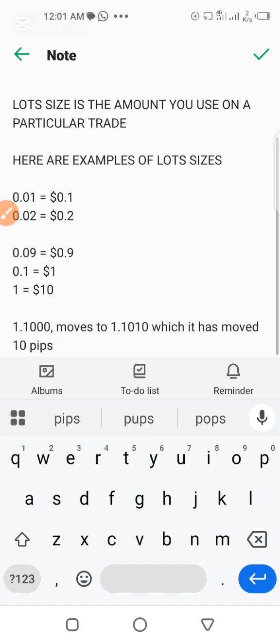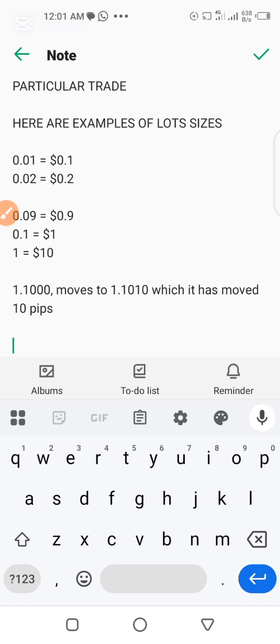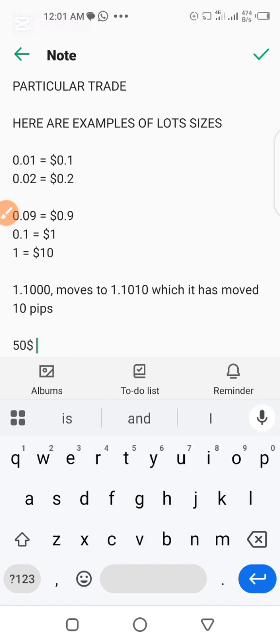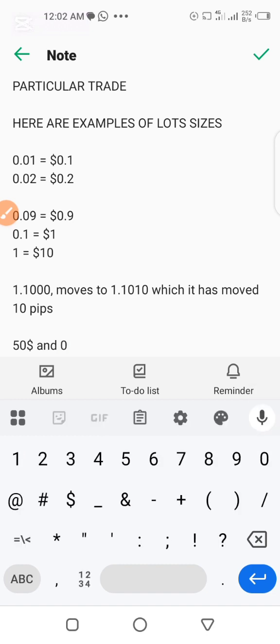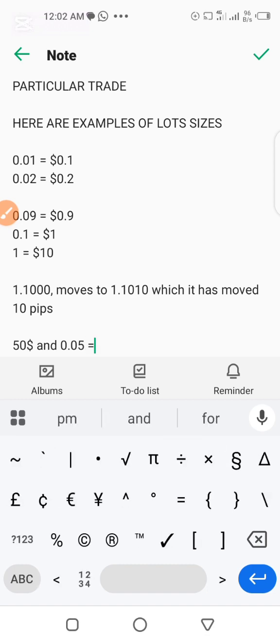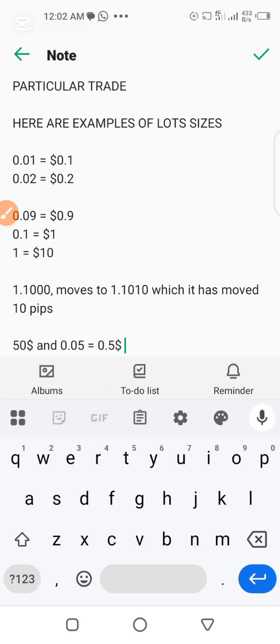Now, how do you make profit here? Let's assume you funded your account with $50, and you decide to use, let's say, 0.05 lot size, which is equal to 0.5 dollar.